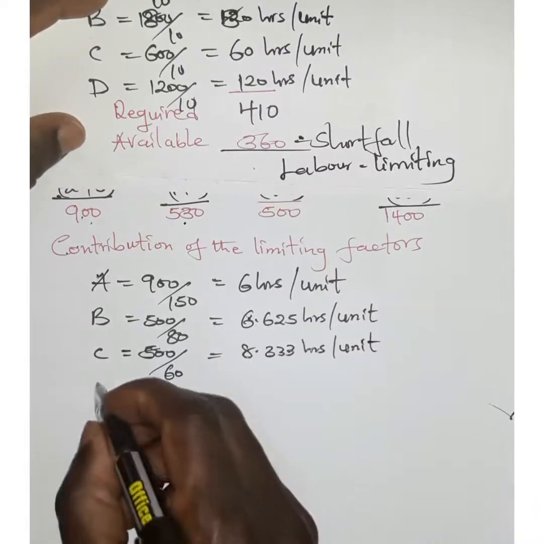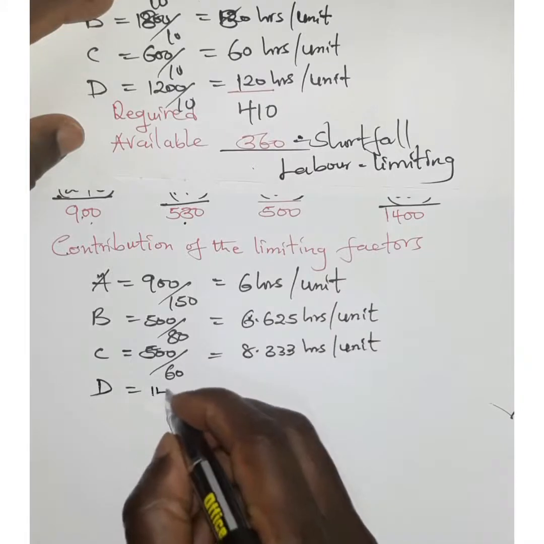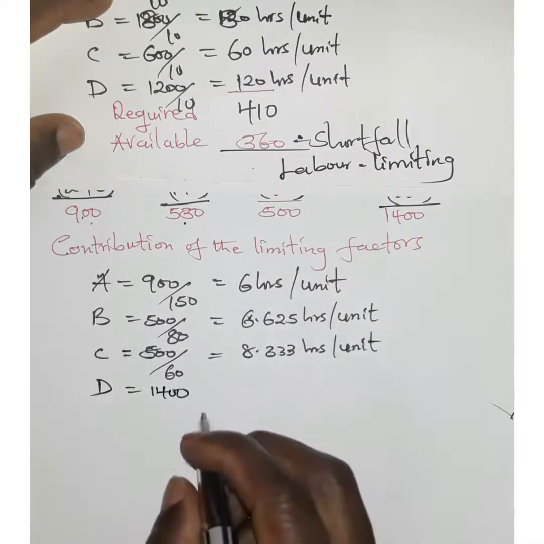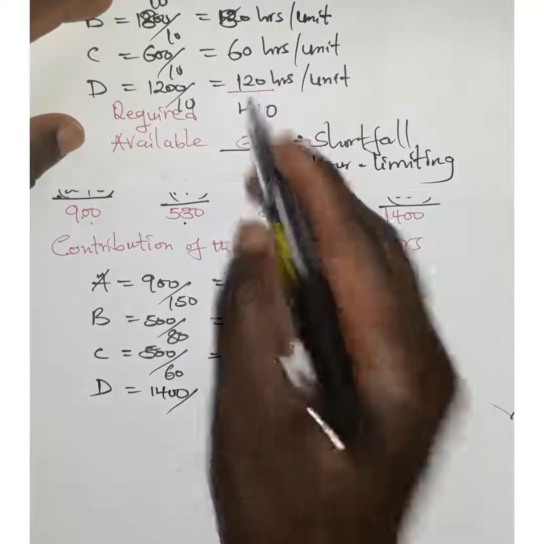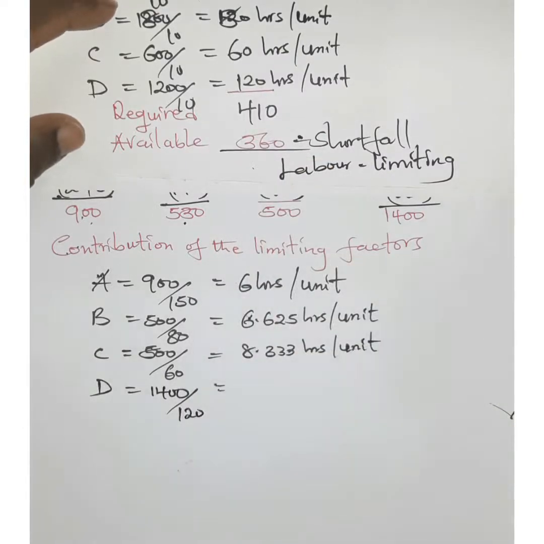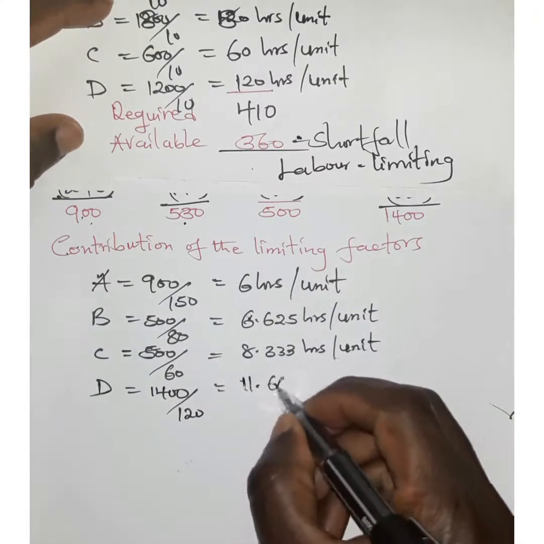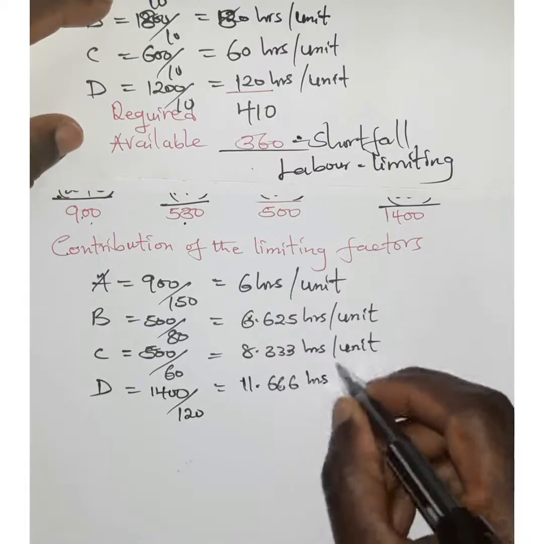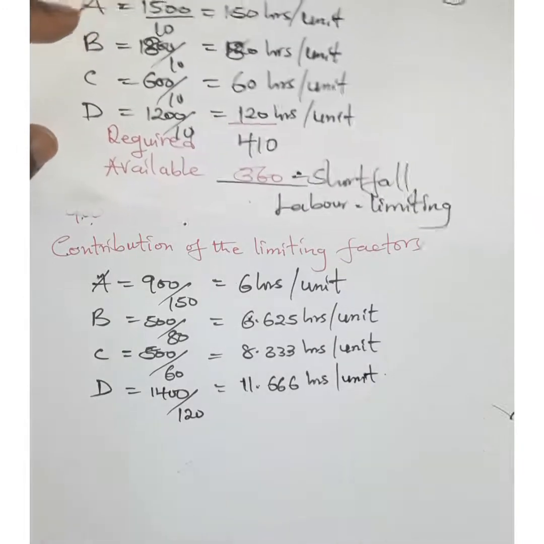Then finally we have D. We shall have a contribution of 400. You divide by the limiting factor of 120, and then you shall have a value of 11.666 hours per unit. Kindly confirm with me if they are accurate.